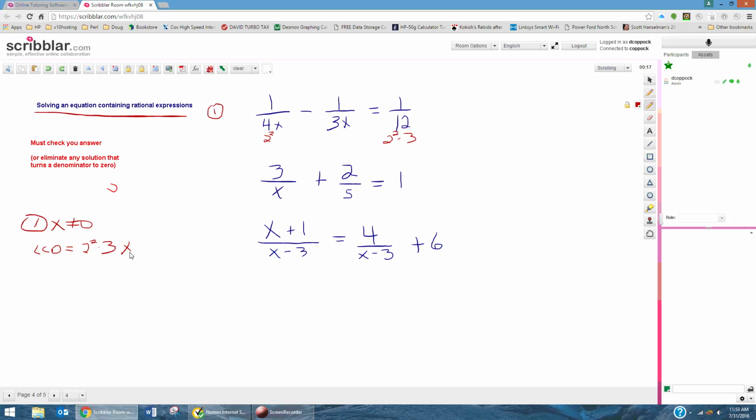Now I'm going to multiply every term by that LCD. You can jot that down up here if you want. 2 squared times 3 times x, or you could just write 12x. You're going to take this 12x times every term. In other words, equals multiplied by equals are equal.